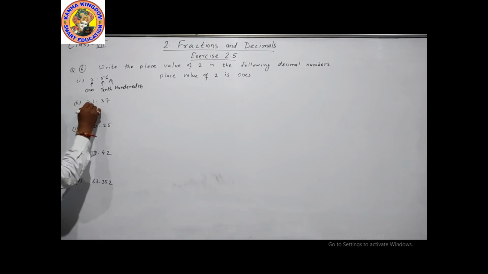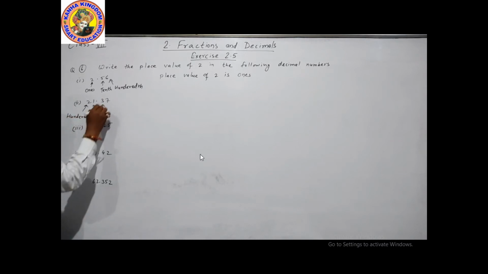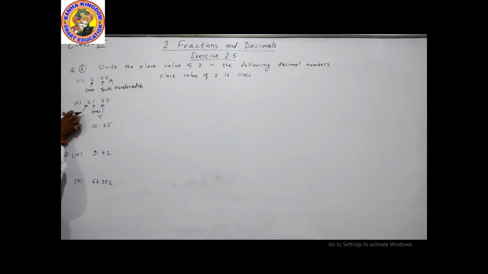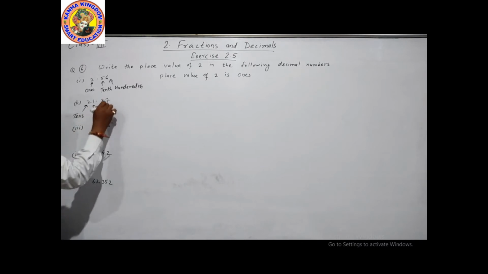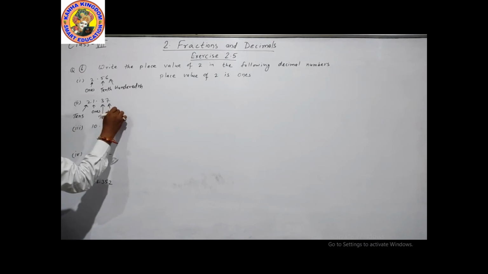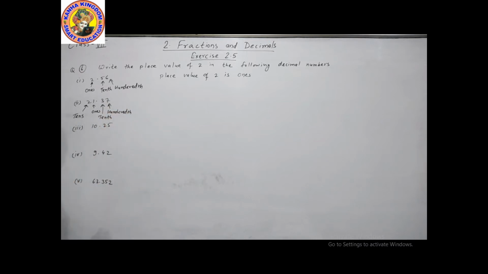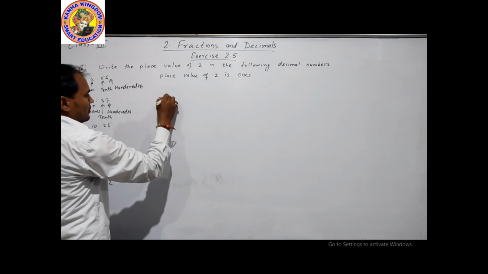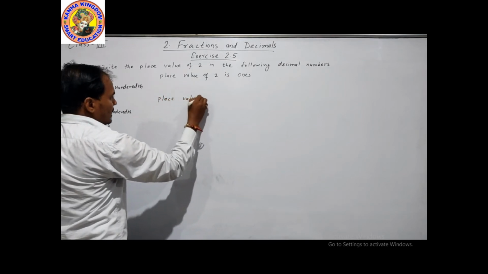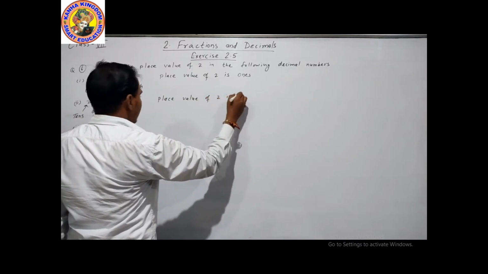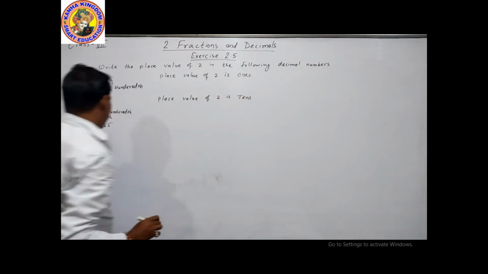Now this is our ones, tens, this is our tenth, hundredth. What is the place value? Where is the 2 situated? 2 is situated at tens. Place value of 2 is tens.